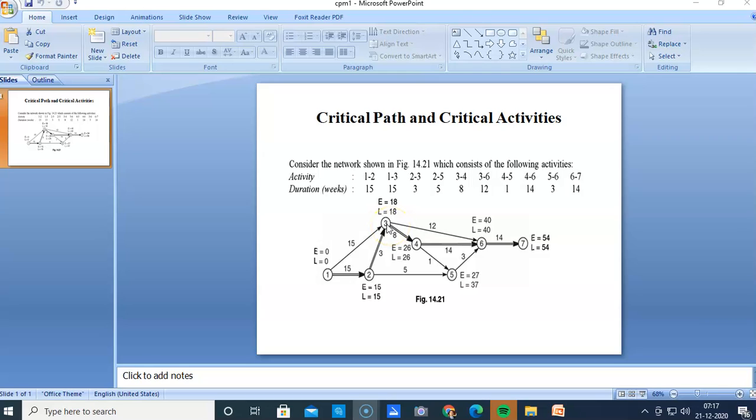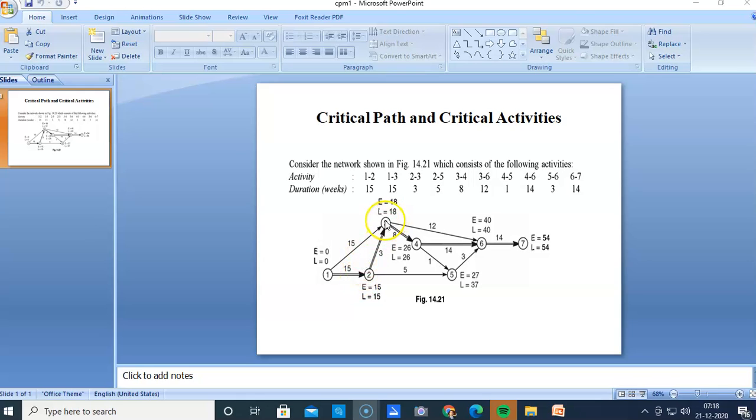So that is 18. Okay, and then go back here, 27 minus 5, that is 22 along this path, and if we go from here, this is 18 minus 3, it is 15. So the minimum of 15 and 22 is 15. So the latest finish time for this will be 15.